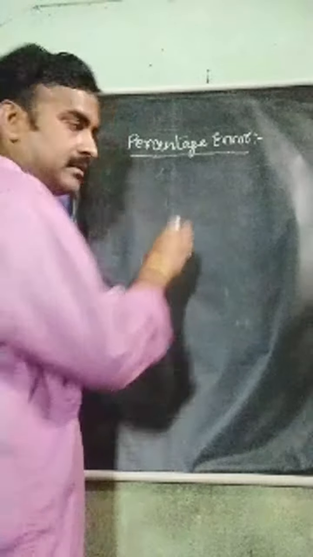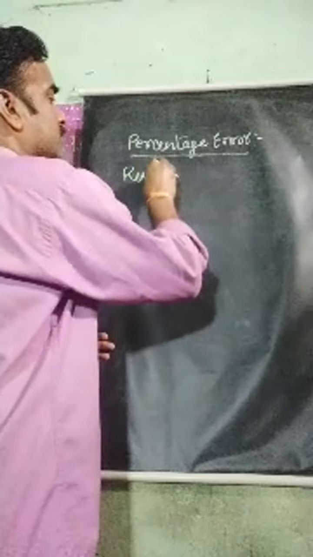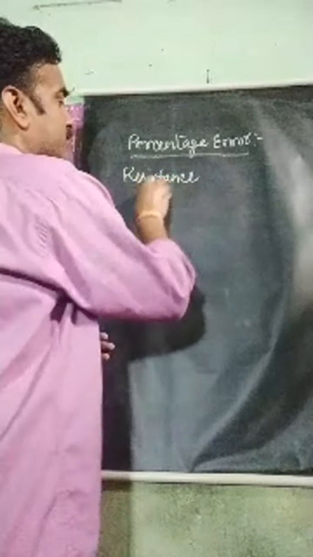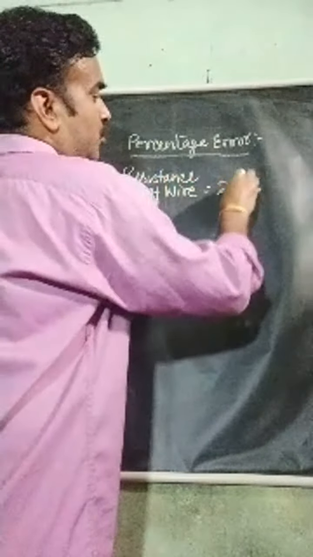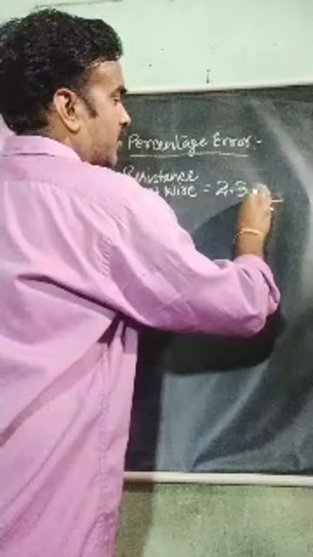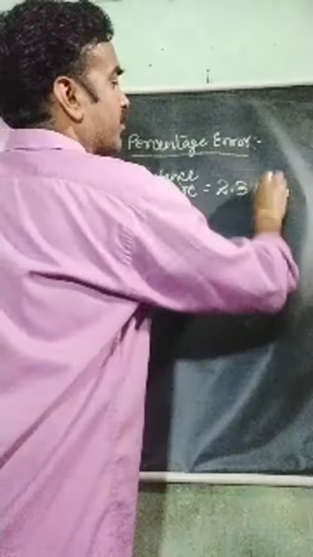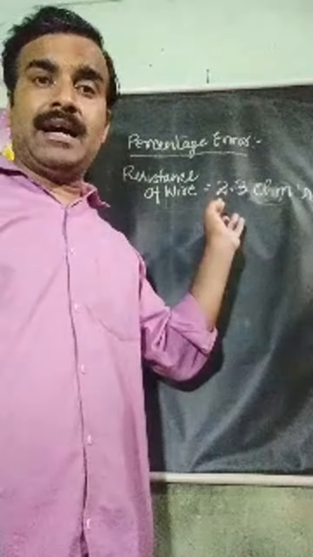You have got the resistance of the wire as 2.3 ohm. Because some students do not know the symbol, better to write ohm. The symbol of ohm, the resistance symbol, is this one. And this is the resistance of the wire.